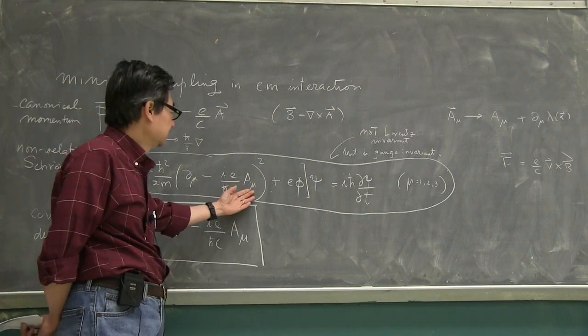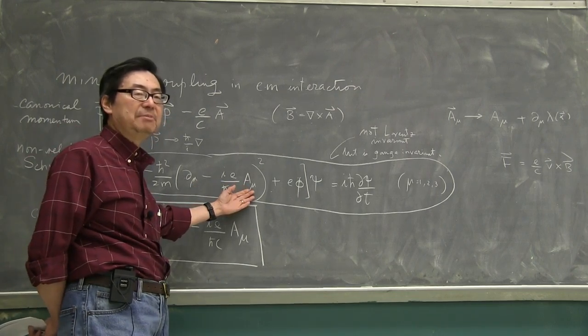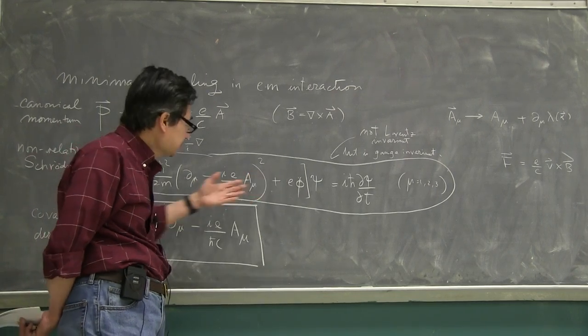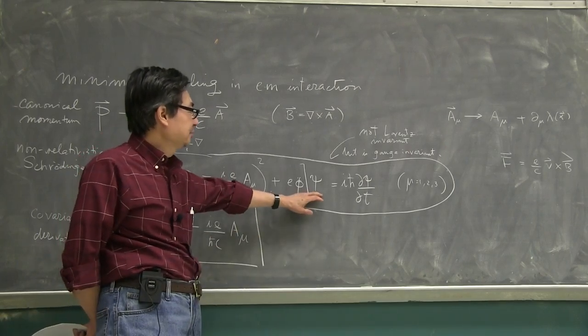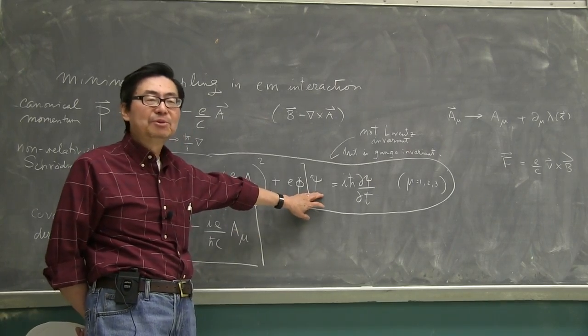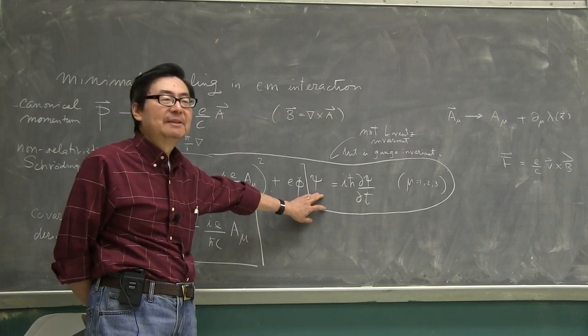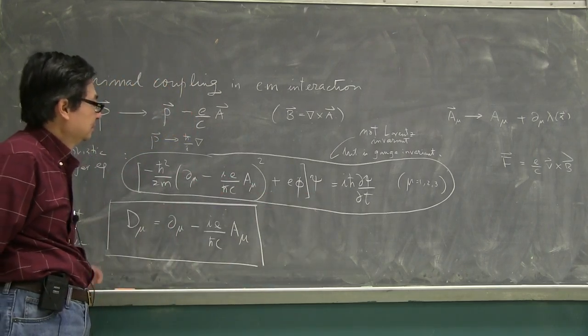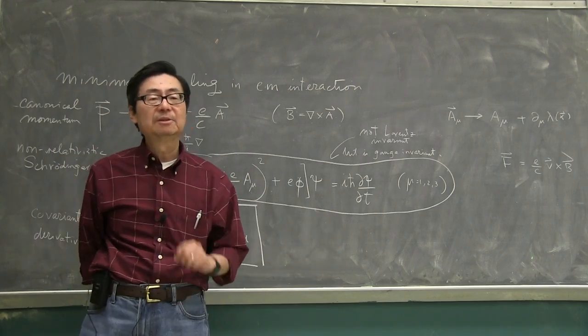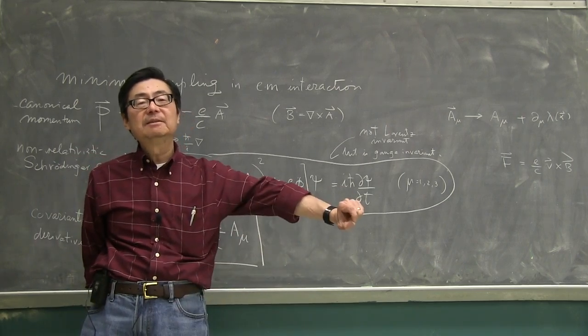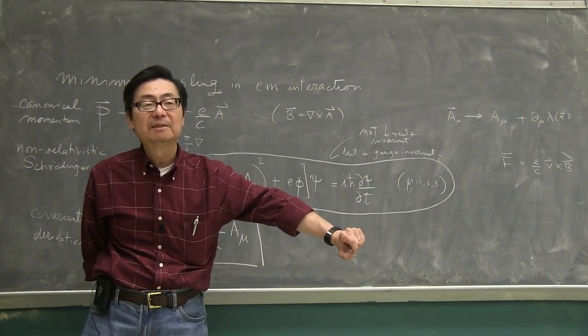If I choose a different gauge so that this A becomes different, then correspondingly, I have to do something else to the wave function in order for the entire Schrödinger equation to remain invariant, so to speak.